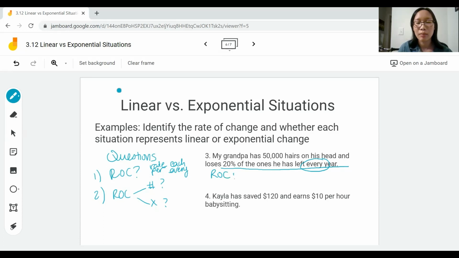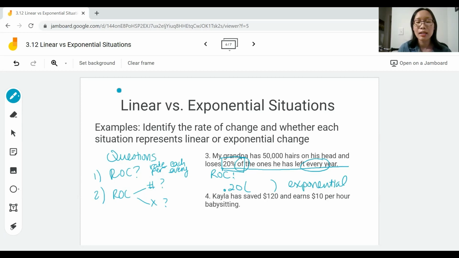I'm not going to recopy that just for the sake of time, but I want to know if my rate of change is a number or if it's a multiplier. And I see the word 20% of, so this means that I'm multiplying 20% times however much hair my grandpa has. Because this is a multiplier, this tells me that this is an exponential situation.